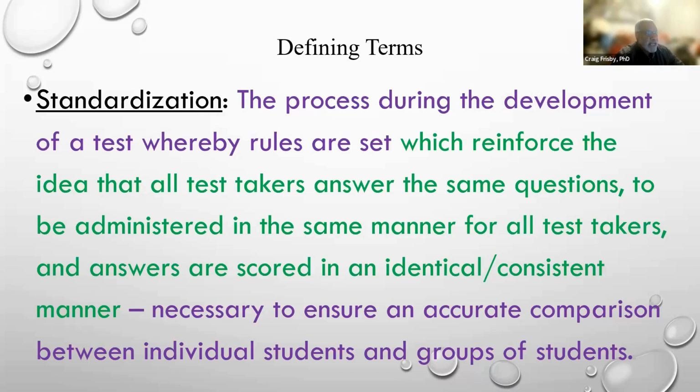Only when you adhere to these standardized rules can you accurately compare one student's scores against other students' scores. If you deviate from the standardization process, it makes it that much more difficult to compare scores among students, and it introduces a lot of error into your assessment.